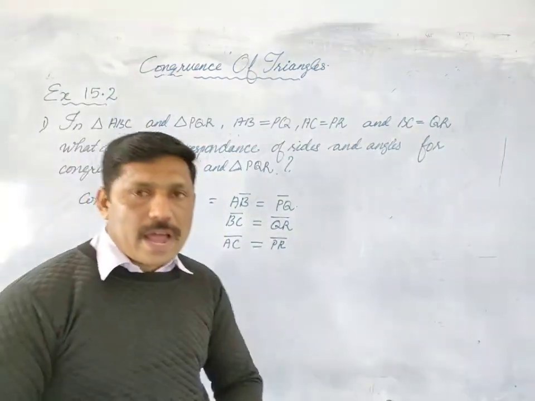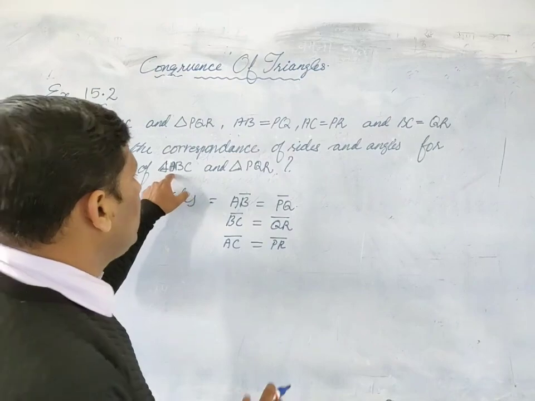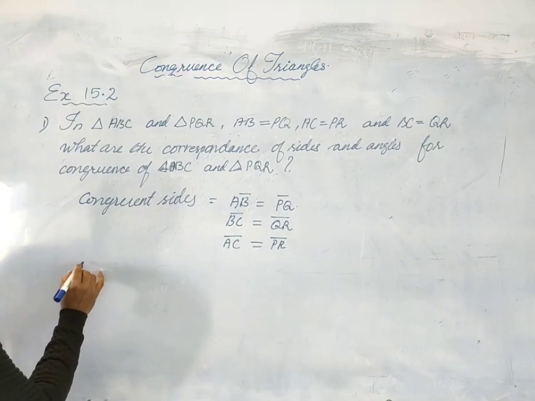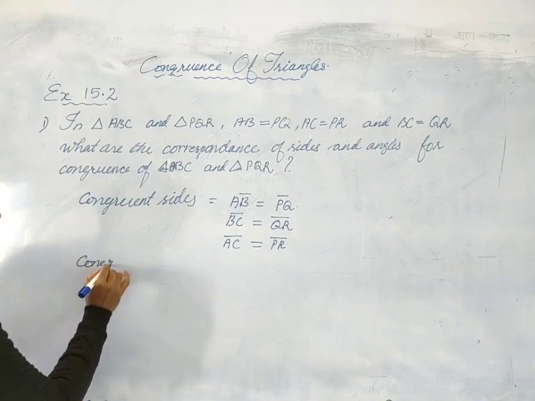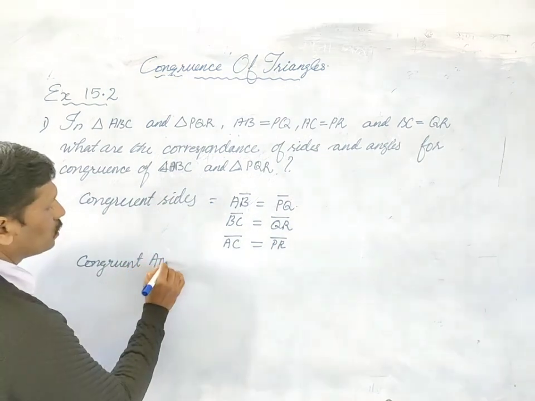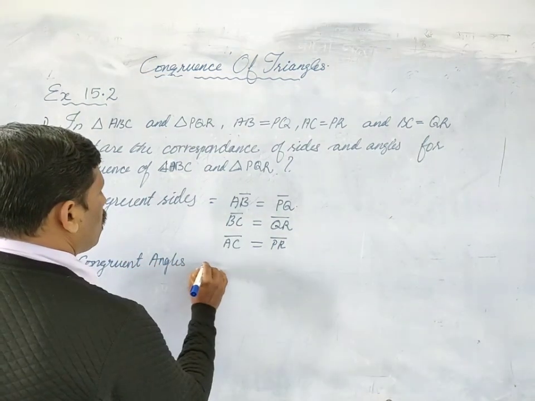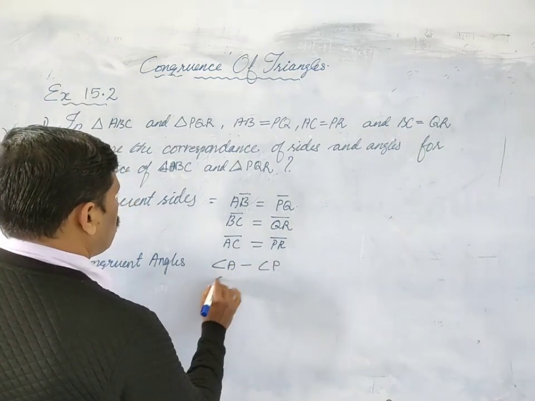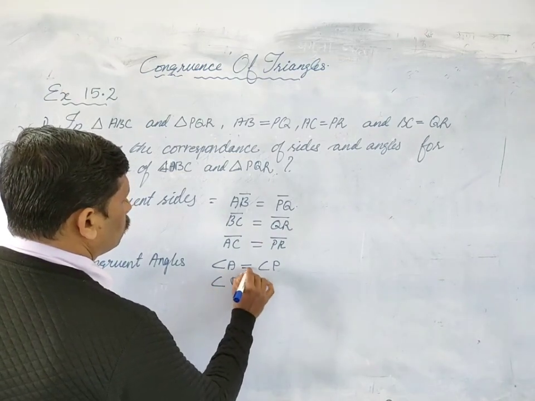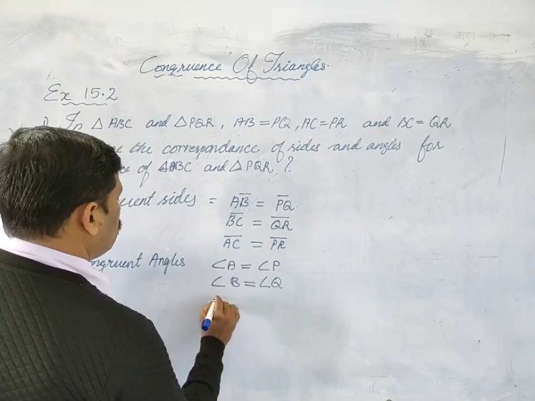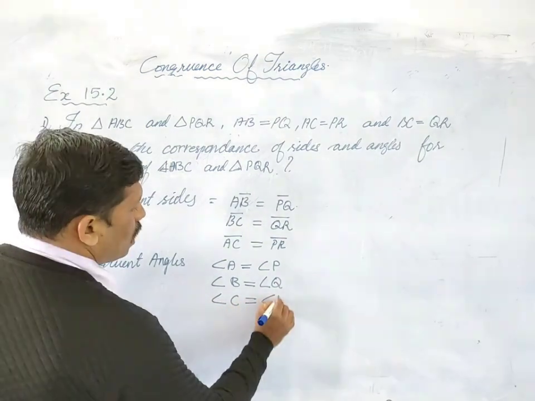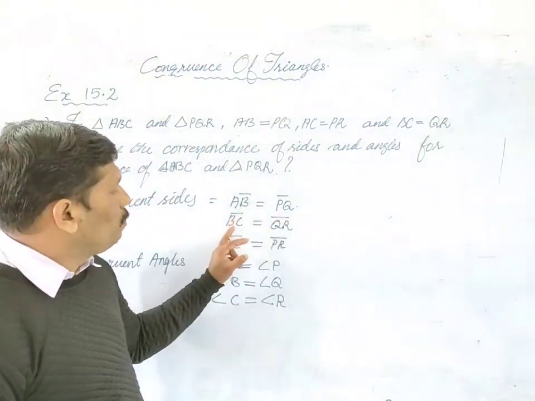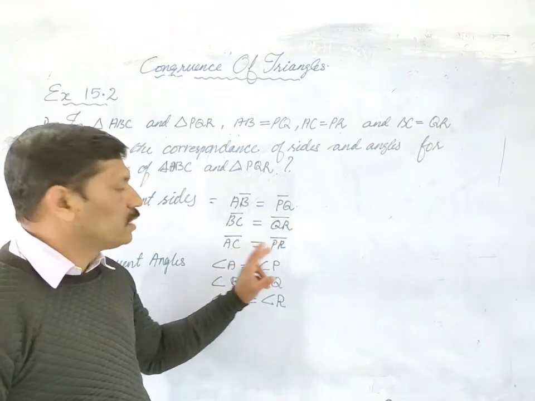And what are the congruence of their angles? Which angles are congruent? The congruent angles are angle A is equal to angle P, angle B is equal to angle Q, and angle C is equal to angle R. So here the correspondence of their sides are side AB is equal to side PQ, side BC is equal to side QR, side AC is equal to side PR.